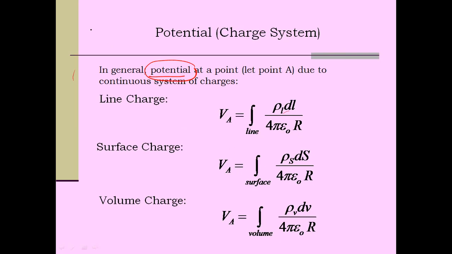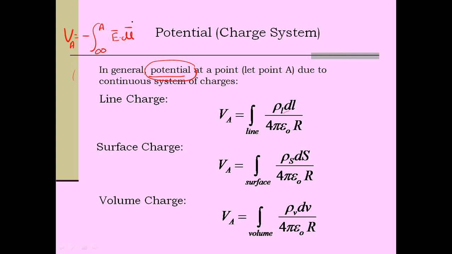We can also use another method, going back to the basic equation where V equals negative integration. Let's say at the point A, the potential at the point A is defined to be negative integration from infinity to the point A of E dot dl.